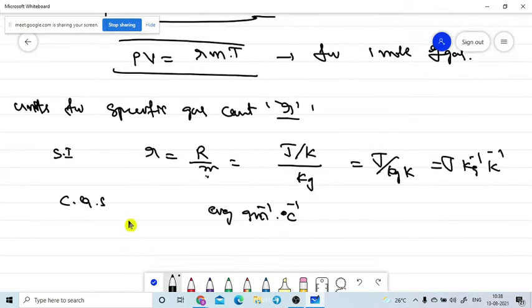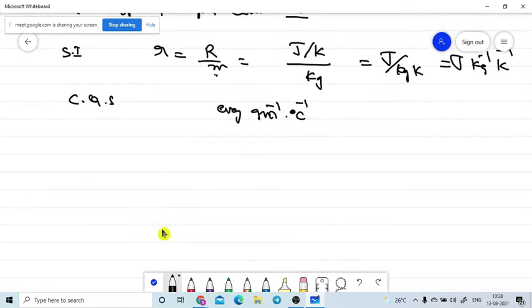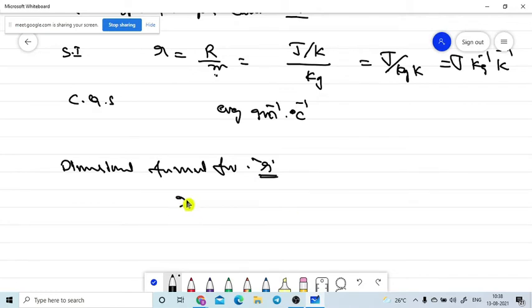Now they may ask the question: what is the dimensional formula for specific gas constant? Dimensional formula for specific gas constant, for small r, that means specific gas constant. You already know the dimensional formula for universal gas constant. Small r is equal to capital R by small m.